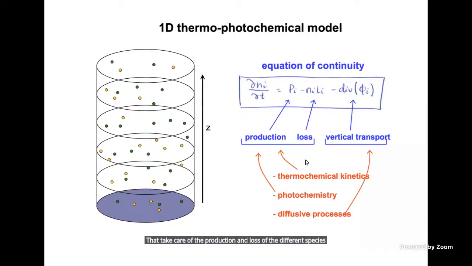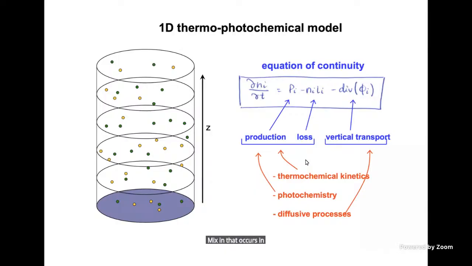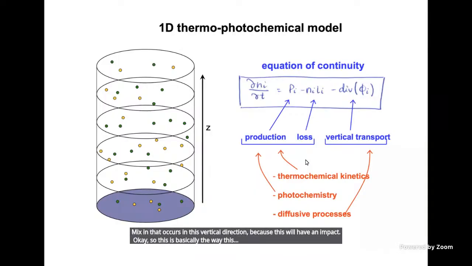And this production, destruction and formation may happen through chemical reactions or photoprocesses, basically. And then you have to include also some mixing that occurs in this vertical direction, because this will have an impact. Okay, so this is basically the way these models are constructed.